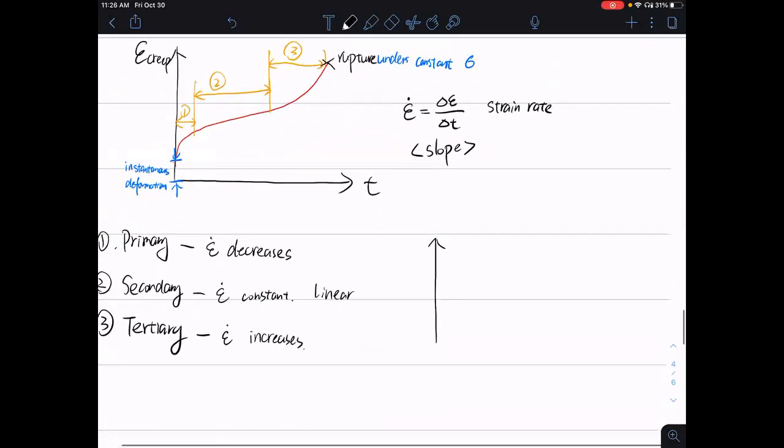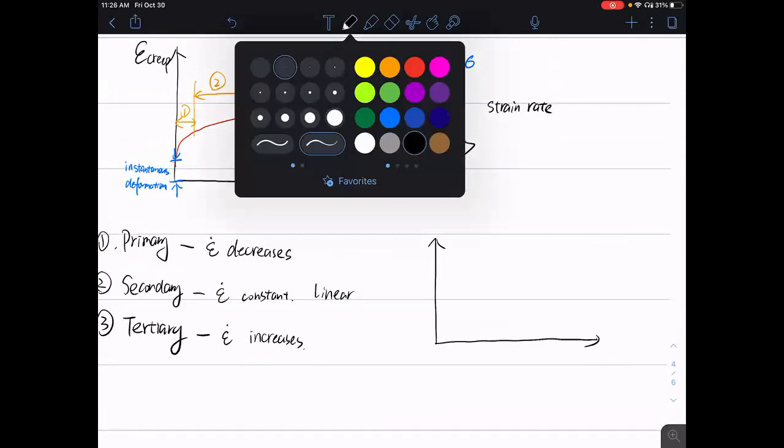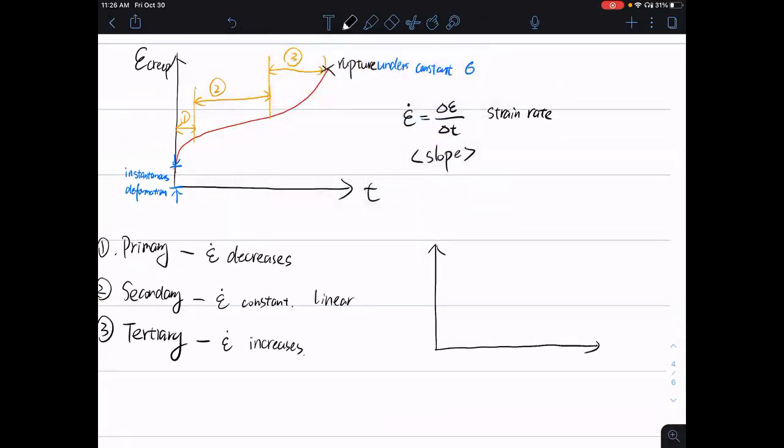So if we're going to draw the strain time diagram, if we increase temperature, that's what you're going to see here. So now I have 3 different temperatures.